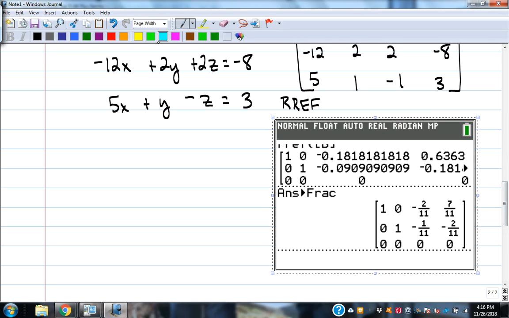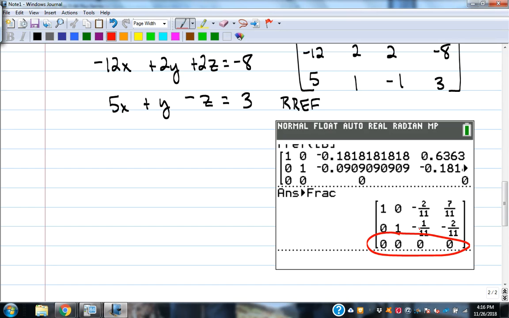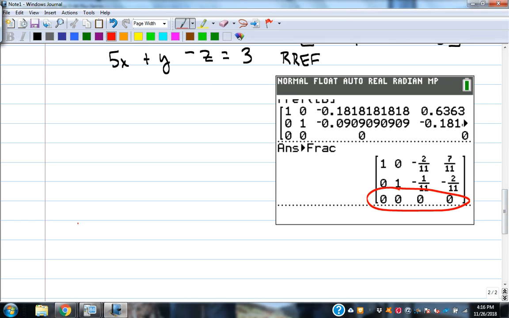When you've got that bottom row that's all zeros, that tells us that this one has infinitely many solutions. All zeros on the bottom row give us infinitely many solutions. And with that, we've got to do a little bit of work to write the solutions in a form that they're going to ask us for.